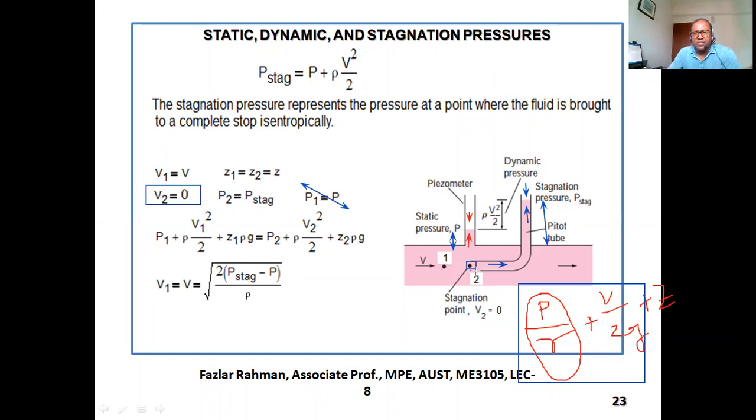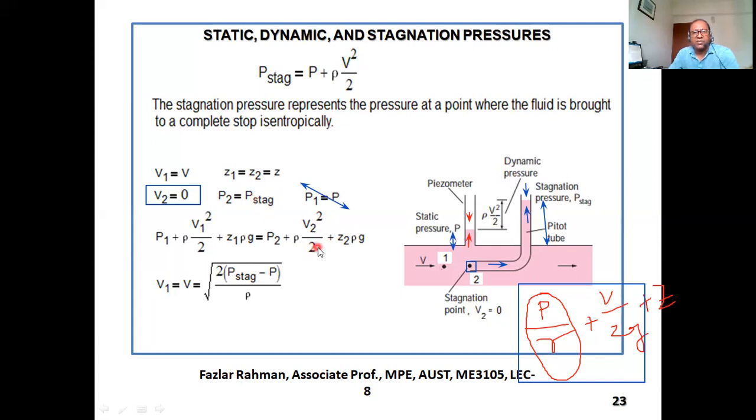Here the velocity of the fluid is 0, and the pressure P2 will be higher, right? Because you make the velocity 0, kinetic energy is converted into pressure energy. That pressure, as per definition, is called stagnation pressure. So P2 equals P stagnation.